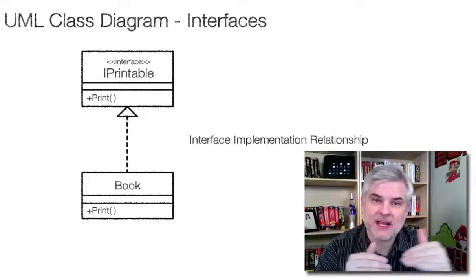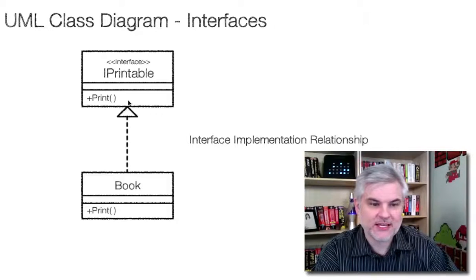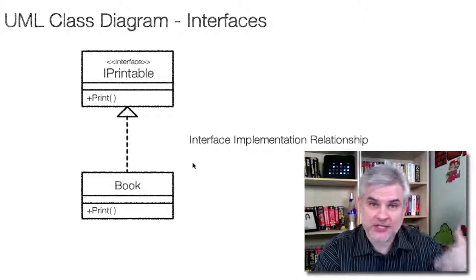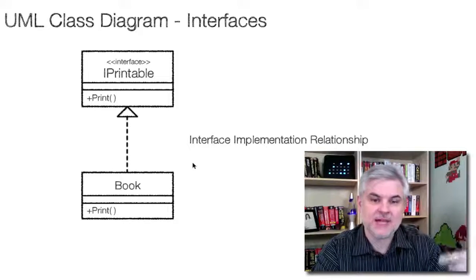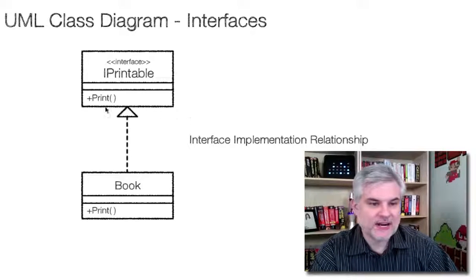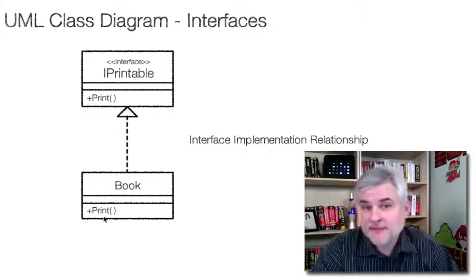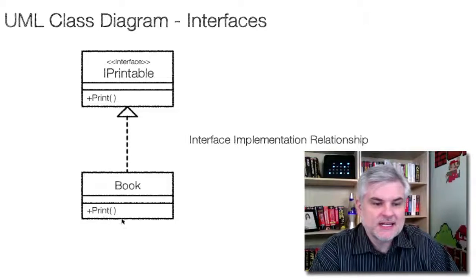It looks a lot like the inheritance shape that we saw yesterday, with the triangle at the top with the empty head and a line coming down to denote the relationship. But in this case, the dashed line means that it's an interface implementation. You can see that also by virtue of the fact that both have a print method defined. So in this case, it is actually implementing that print method.